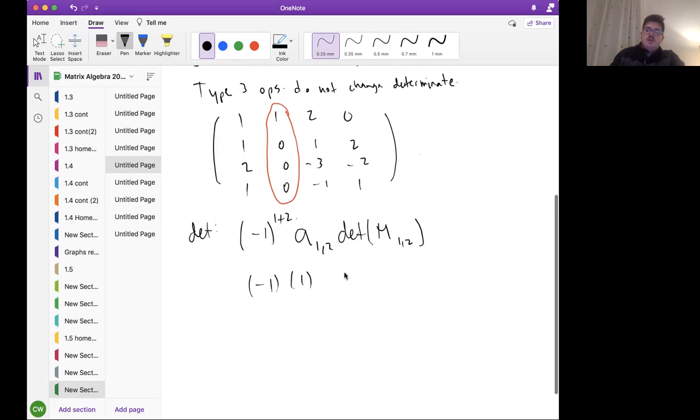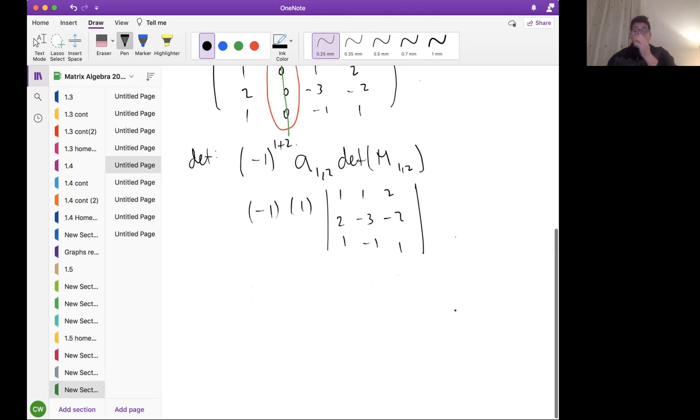A1, 2 is 1. And let's look at M1, 2. Can someone read out to me M1, 2? What's the first row going to be? Yeah, 1, 1, 2. Second row: 2, -3, -2. And third row: 1, -1, 1.